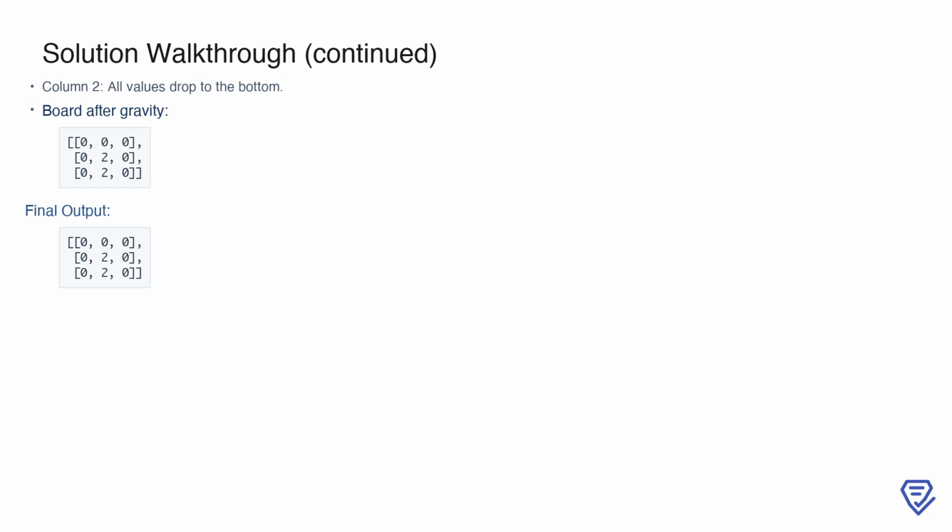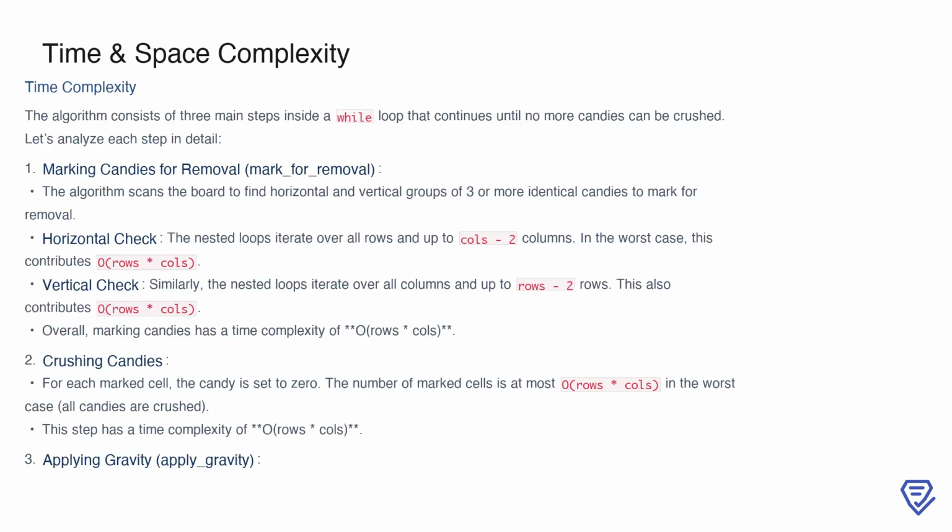In a more realistic scenario, the time complexity analysis revolves around the 3 main steps performed inside the while loop, which continues until no more candies can be crushed. First, we have the step of marking candies for removal. Here, the algorithm scans the board to identify horizontal and vertical groups of 3 or more identical candies.